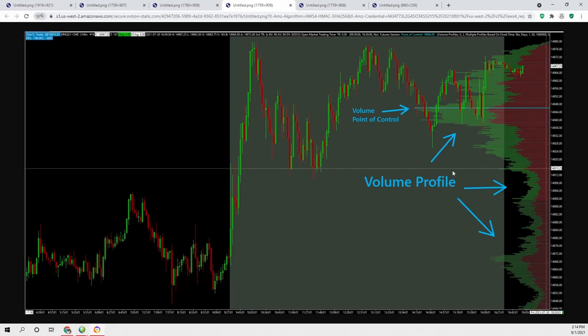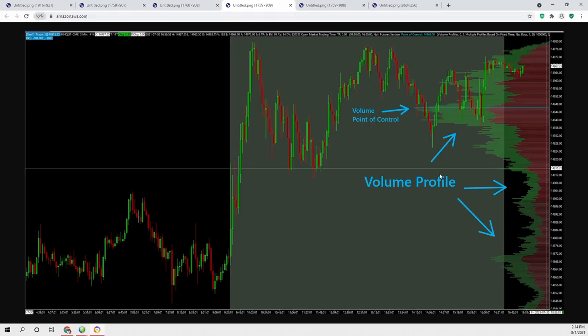With the volume profile, I don't really change much in terms of the default settings. I make a couple of settings, mostly with the visual representation of it, so it looks the way it looks. And I will go over the settings for how I got this volume profile set up. But the best thing you can do is, with this course, you also get access to my chart book for Sierra Chart.